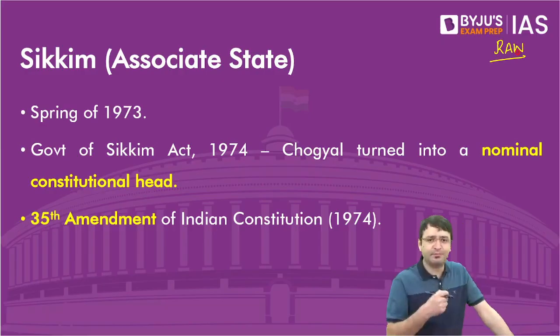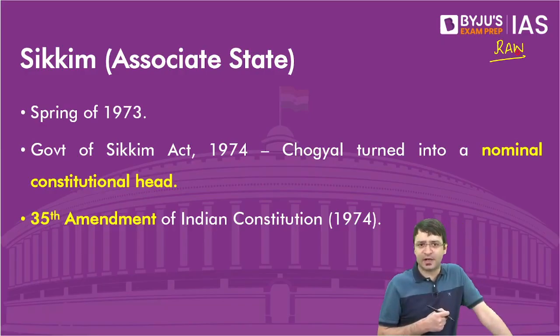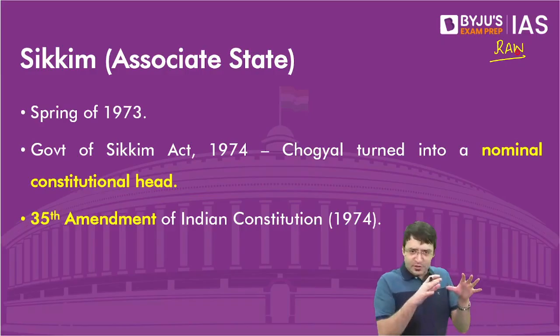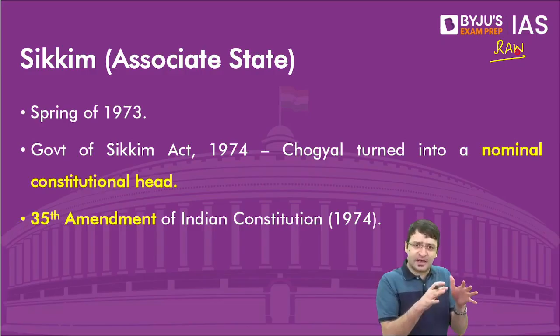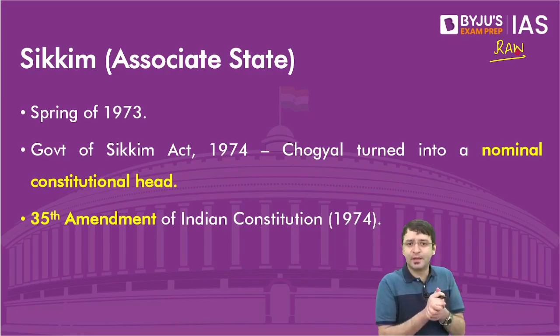RAW is the external intelligence agency of the Government of India, Research and Analysis Wing. Basically, people of Sikkim wanted democracy. They wanted an end to the institution of monarchy. And at the same time, they wanted to be closer to India.